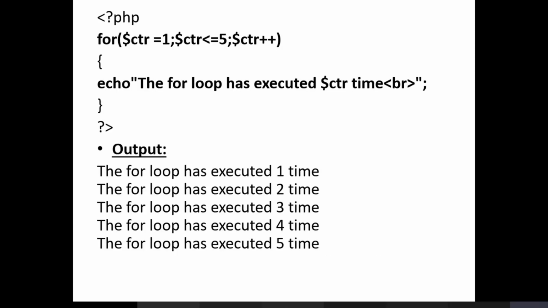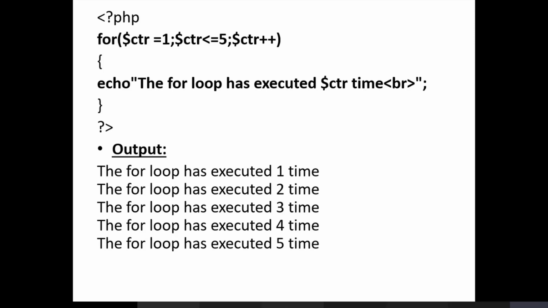Program on for loop: for CTR equals 1, CTR less than or equal to 5, CTR plus plus. What it means is the initial value of CTR is 1. The condition is 1 is less than or equal to 5, which is true. Then the code is executed, that is, the for loop has executed CTR time.